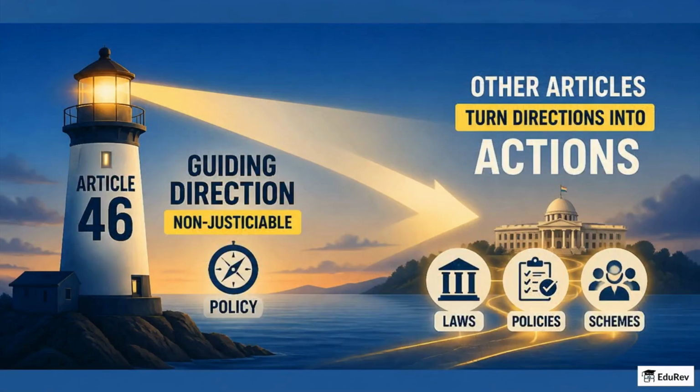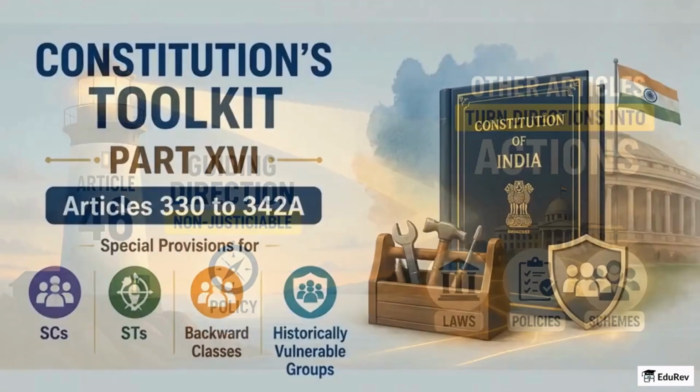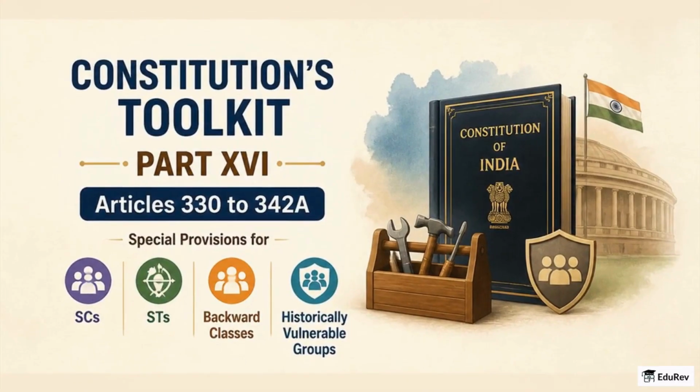Think of Article 46 as a guiding lighthouse, a non-justiciable direction that steers policy, while other constitutional articles turn those directions into concrete actions. These concrete actions are grouped in Part 16 of the Constitution, covering Articles 330 to 342A, which together form a toolkit of special provisions for SCs, STs, backward classes, and historically vulnerable groups.